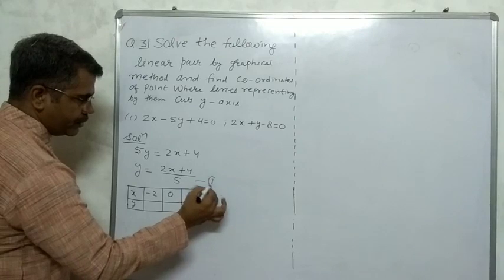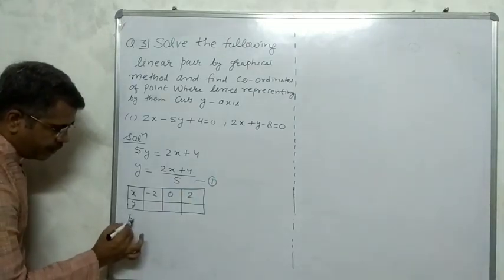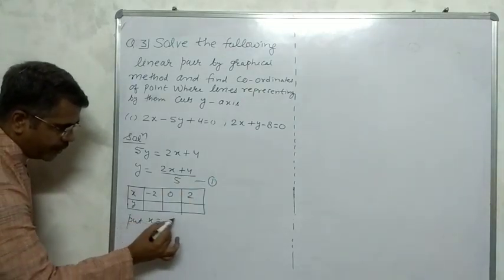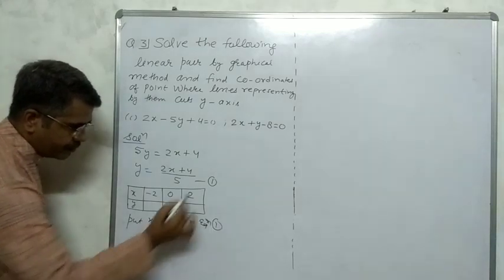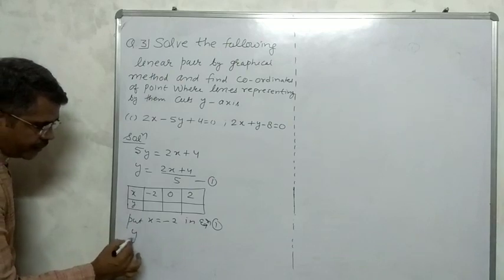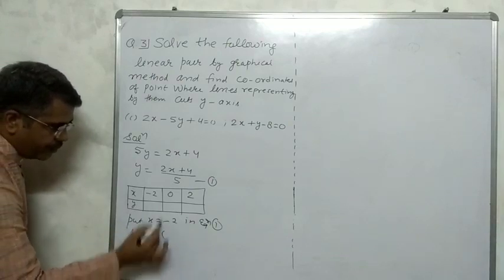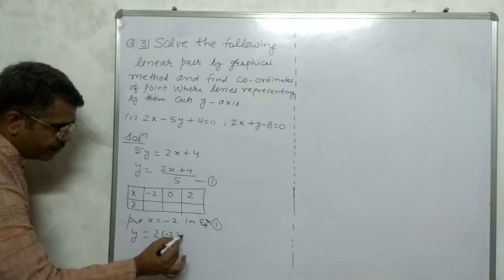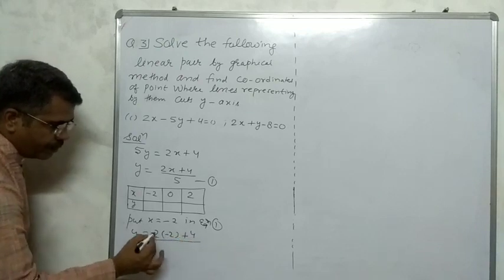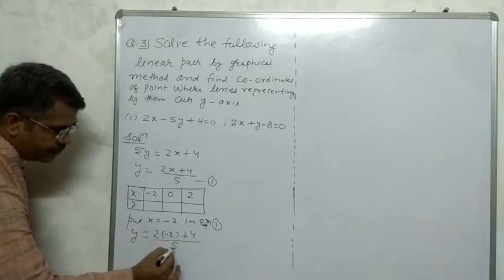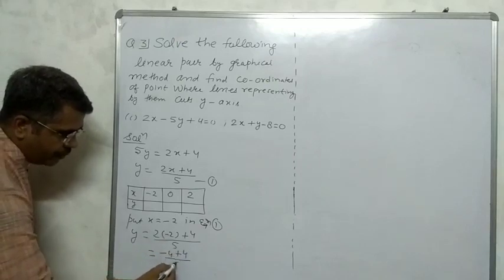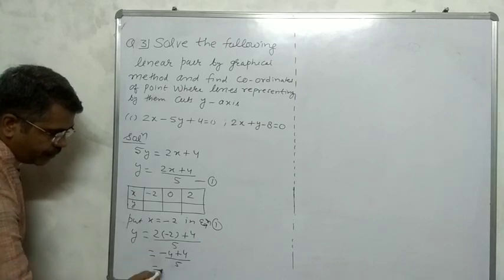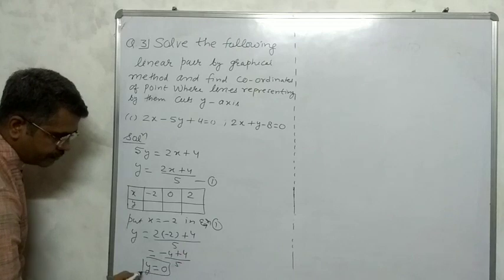This is equation first. Put x equals to minus 2 in equation first. Y equals (2 into minus 2 plus 4) upon 5, which is (minus 4 plus 4) upon 5. 0 upon 5, so we have y equals to 0.